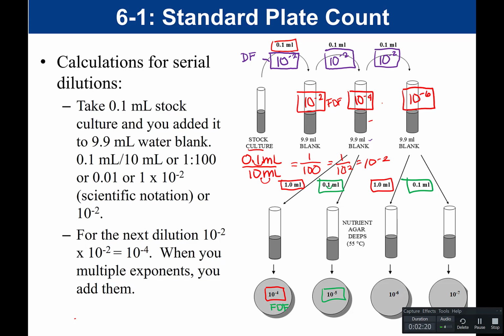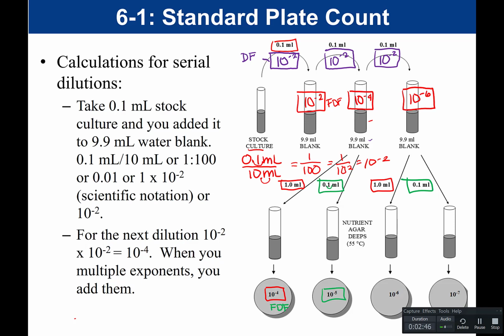Then I take from my 10 to the negative 4 and I dilute that again 10 to the negative 2. And my final dilution factor is going to be 10 to the negative 6. So that is going to be my calculations for my final dilution factors in my serial dilutions. Now I take those serial dilutions and then I use those to plate onto a plate.